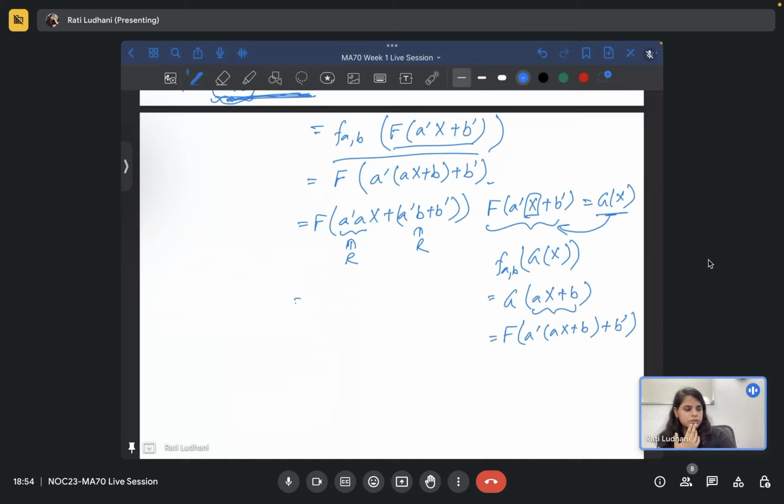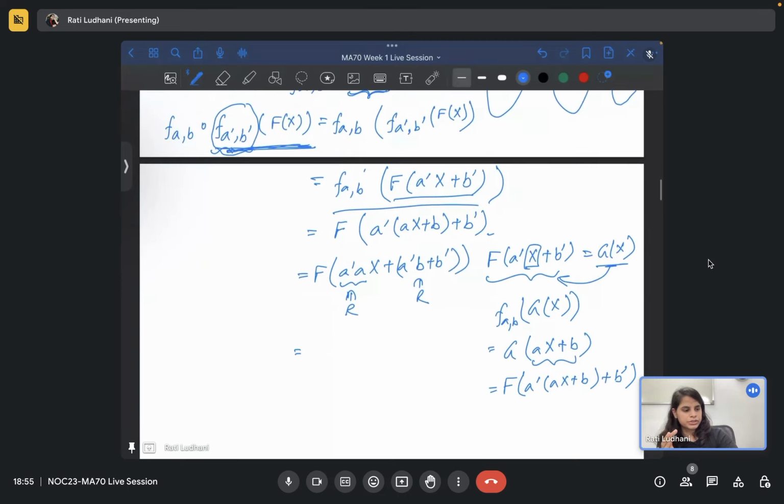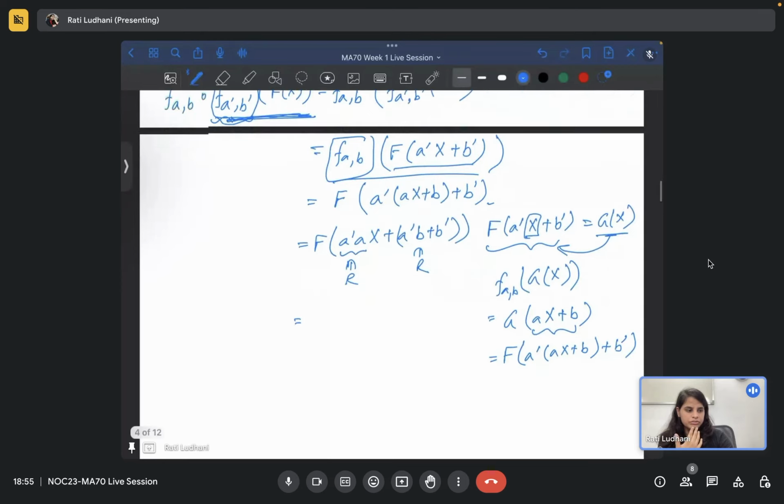So now in terms of the notation of f_{a,b}, I can write it as f_{a'a, a'b + b'} of f(x). Is that okay?